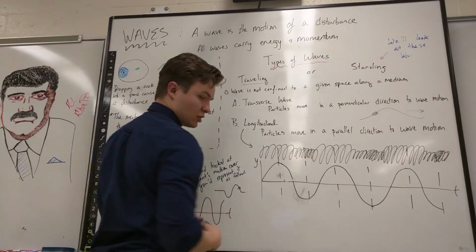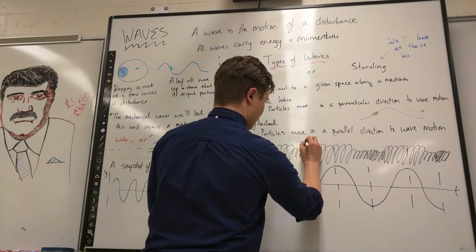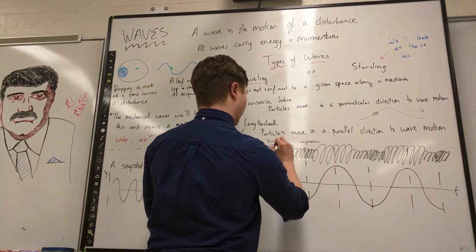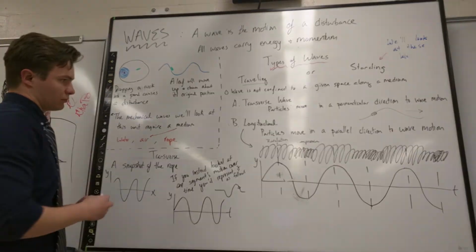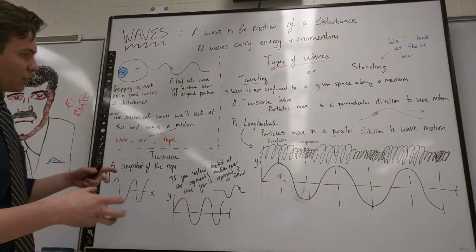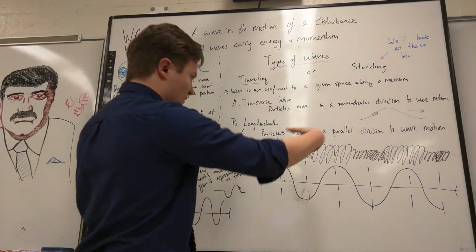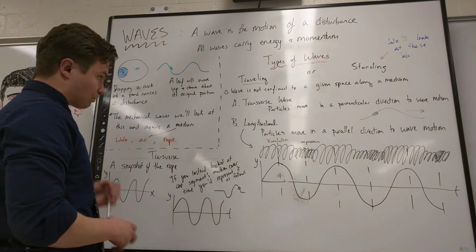This is our compression spot. Let me write that out. Compression and rarefaction. So the wave compresses on itself, and then it spreads out, compresses, spreads out, and that's how the wave moves about the medium.